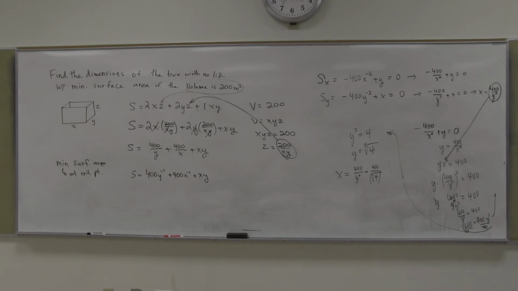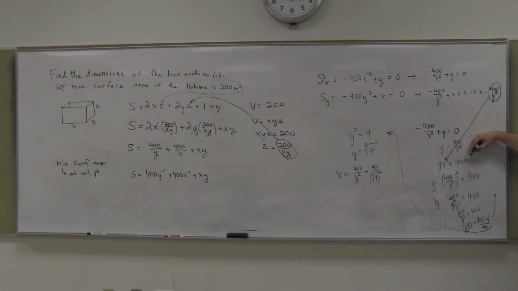Did y'all see anything I screwed up on? All right, so y equals 400 over x squared. Oh, x is, that's right, isn't it? Then I did that, brought that over, yx squared equals 400.